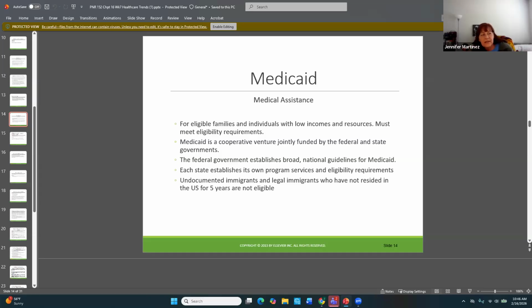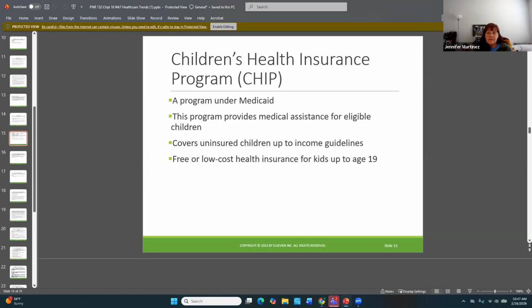Undocumented immigrants and legal immigrants who have not resided in the U.S. for 5 years are not eligible for Medicaid. Let's see. Then we have CHIP. So CHIP is actually a really good program as well. It is the Children's Health Insurance Plan. It is a program under Medicaid that provides medical assistance for eligible children.